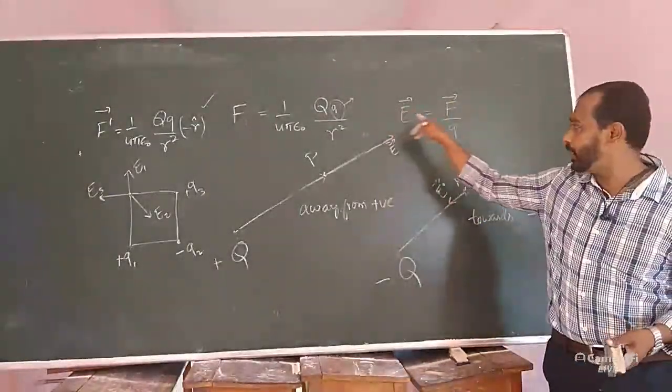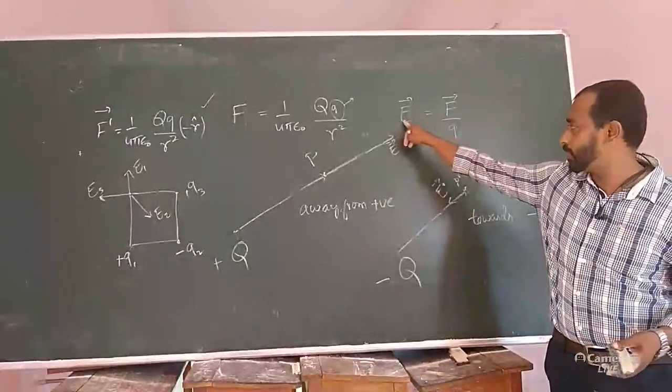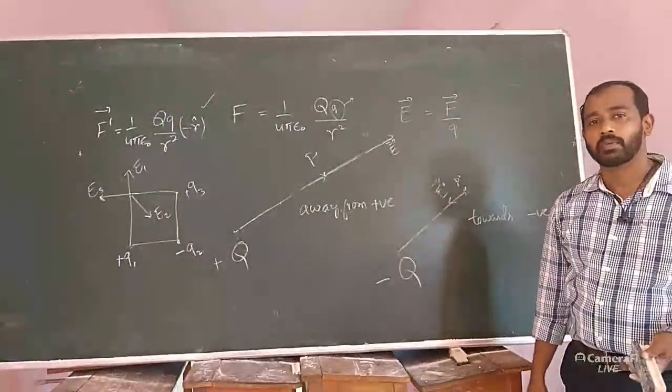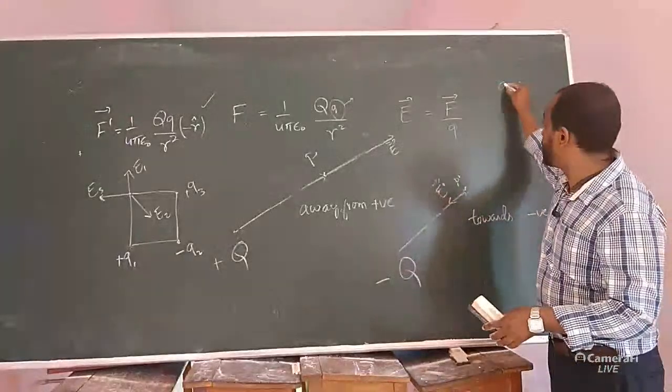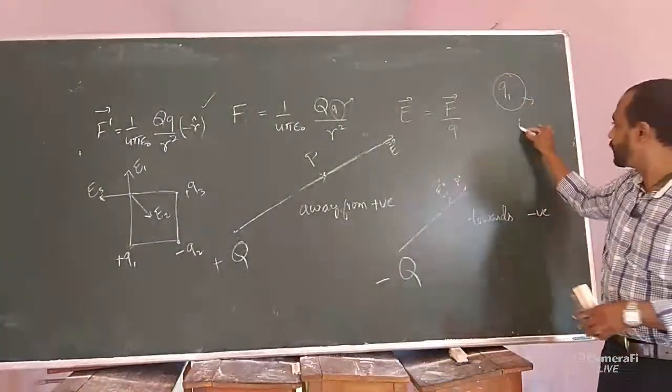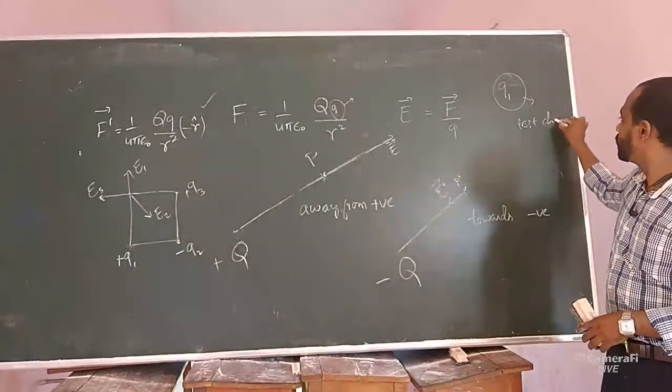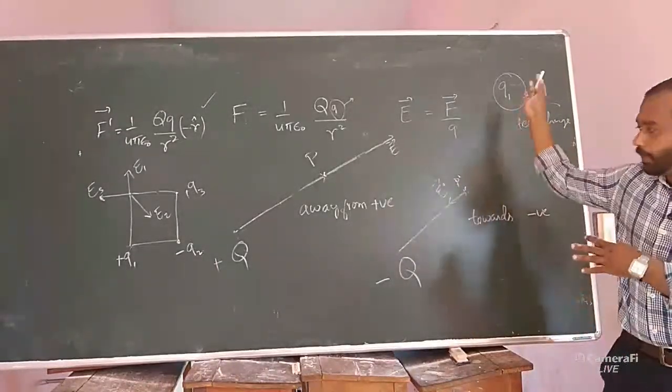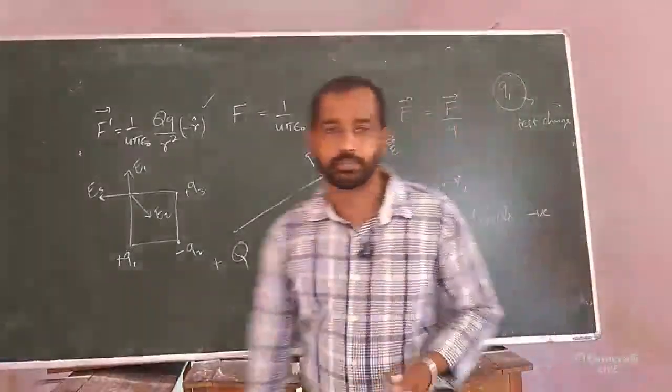But the only difference is that instead of force, we are going to use the expression for the electric field. In that case, we have used a given charge q1. Here we are going to take this charge as a test charge, and q1 will disappear in the final expression.